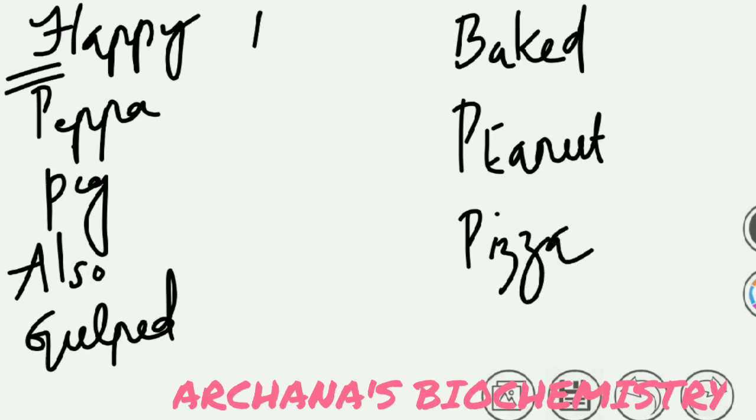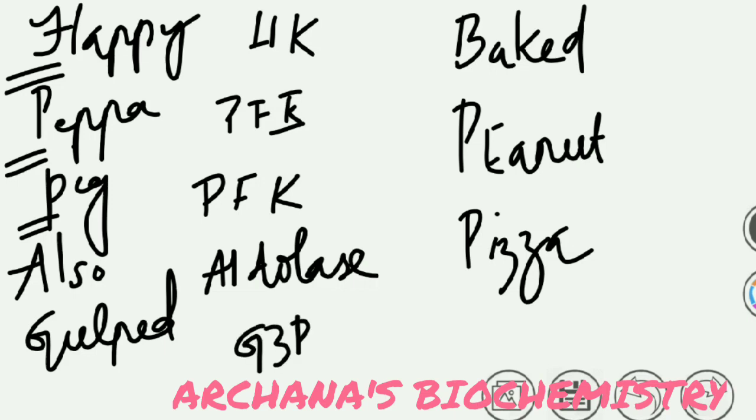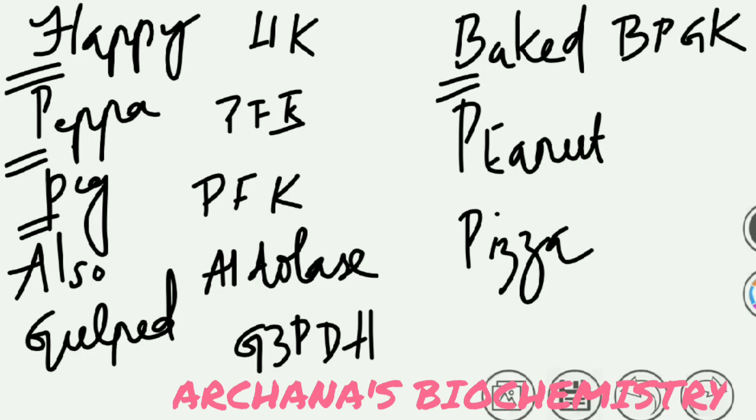So here H stands for hexokinase. Phosphofructoisomerase. Next, phosphofructokinase. A for aldolase. G for glyceraldehyde 3-phosphate dehydrogenase. This B stands for bisphosphoglycerate kinase.